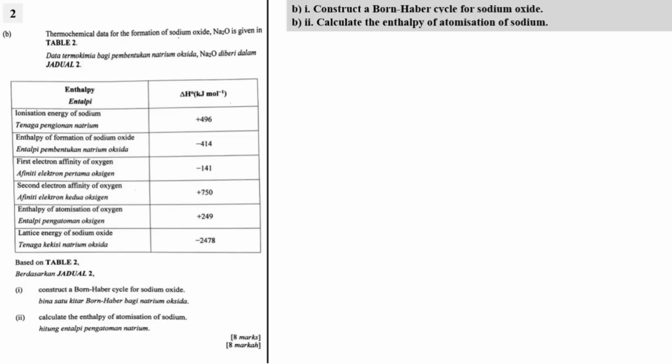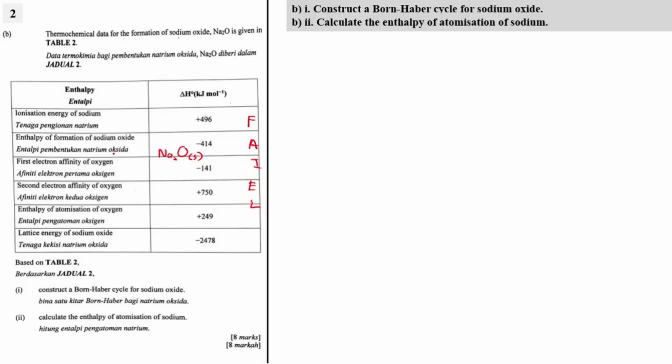As what we have learned, in order to construct a Born-Haber cycle, the easiest way is to follow the acronym F, A, I, E, L, FAL. So you start with the formation first. So enthalpy of formation of the sodium oxide. We need to produce 1 mole of sodium oxide, Na2O, which is solid.